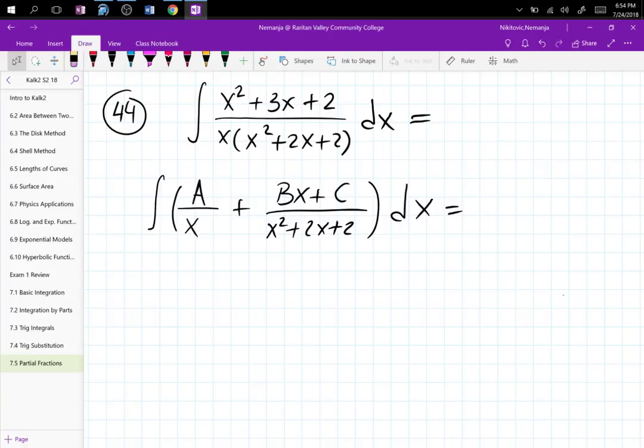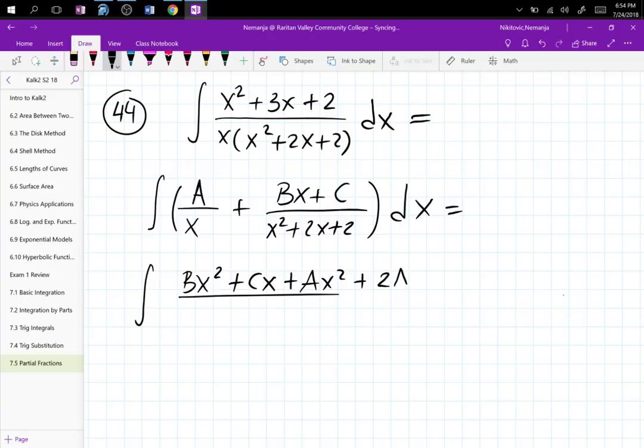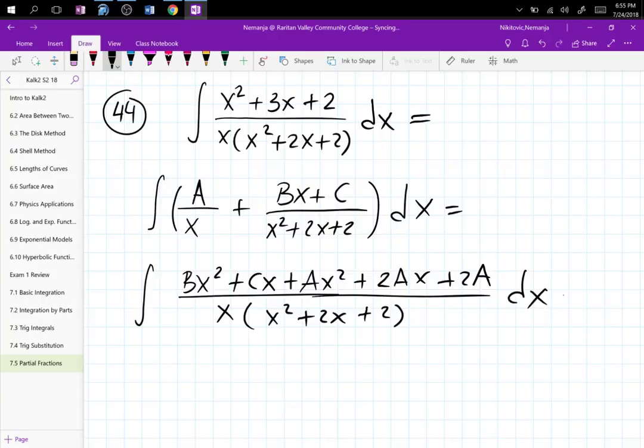And now we are going to solve using the cross multiply method. So when you cross multiply, what do you get? You get Bx squared plus Cx plus Ax squared plus 2Ax plus 2A, divided by x squared plus 2x plus 2, all of that dx.